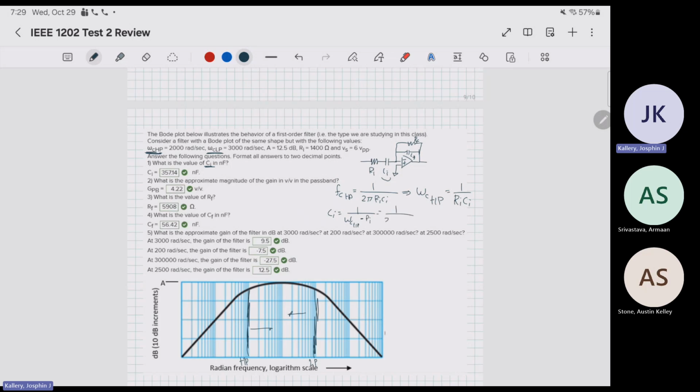Then this is just plugging in variables. 2000 times, what's the RI value? Sorry, 1400.